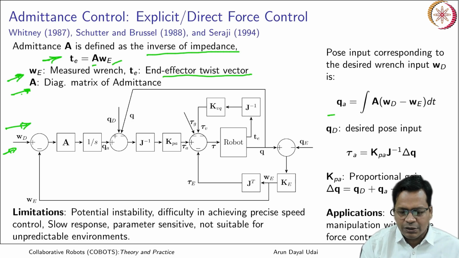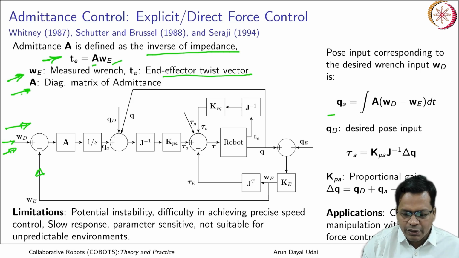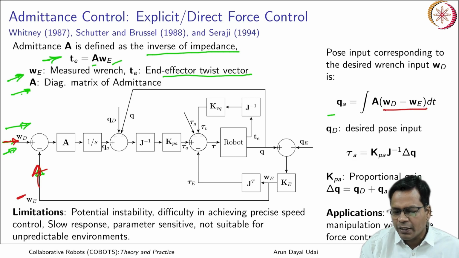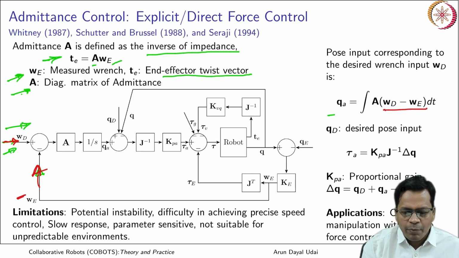So admittance times wrench desired minus wrench actual. Again this is a closed loop which takes in the wrench desired and the feedback input, that is the wrench actual, the measured wrench. Take the difference, calculate the wrench error, multiply by the admittance, which gives you the twist vector, and integrating that gives me the position trajectory.